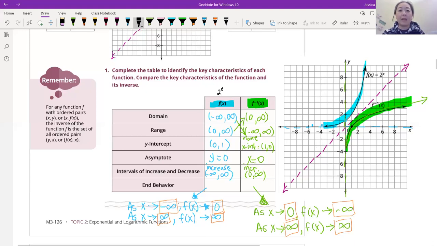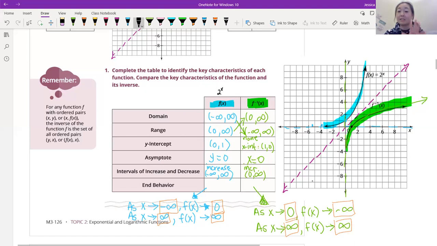Okay, and then the end behavior. So as x approaches, and I initially wrote down negative infinity, but then I was like, wait, x is never going to go to negative because it can't even cross the y-axis. So how far left can I go? Oh, 0. Well, x does not ever get to 0. So that's what we say as x approaches 0.